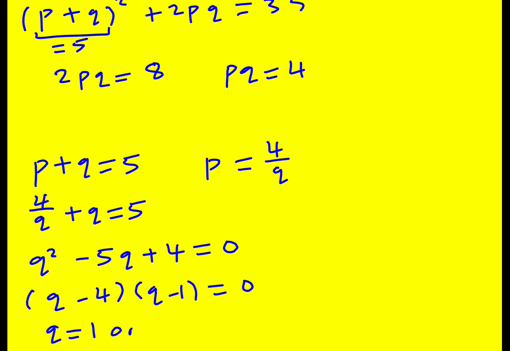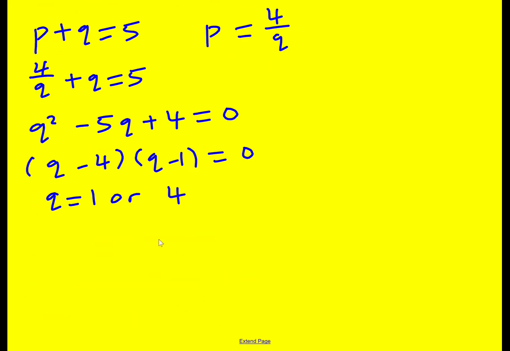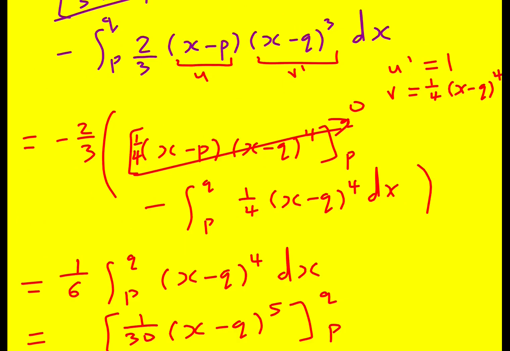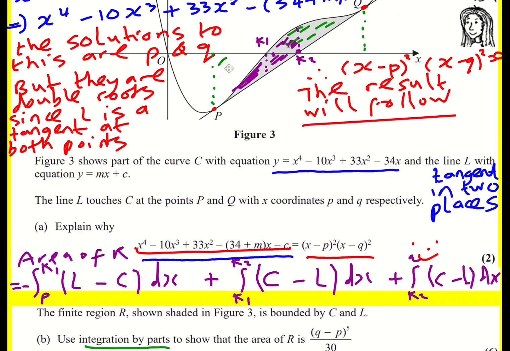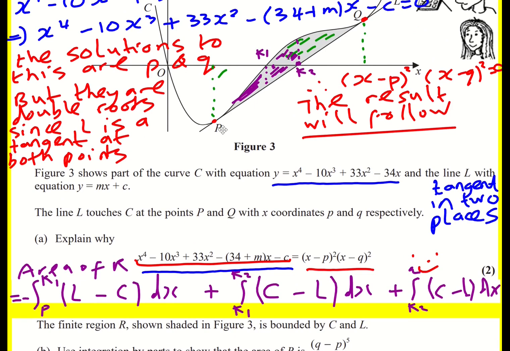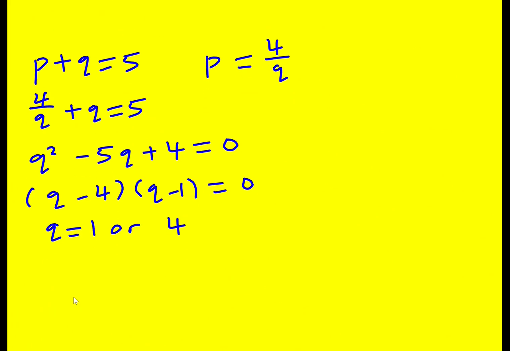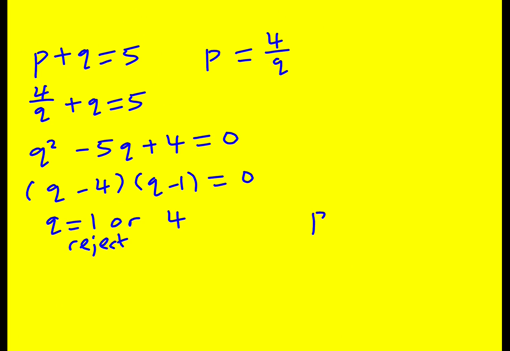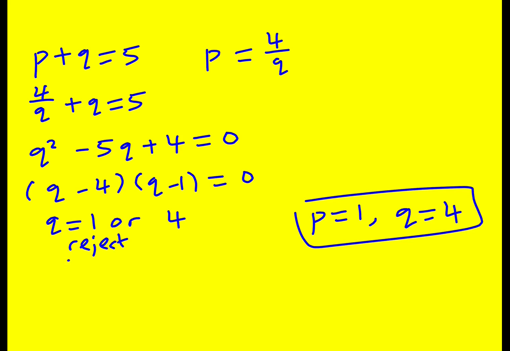Q is equal to 1 or 4, and from this we would get that P is 4 or 1. But remember, we were told right at the start that Q is bigger than P because of where they are. That means Q will take the larger value. P equals 1, Q equals 4. I should probably just say reject the other, since Q is bigger than P.